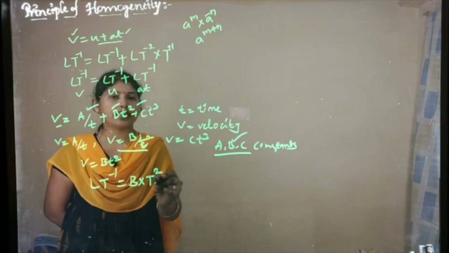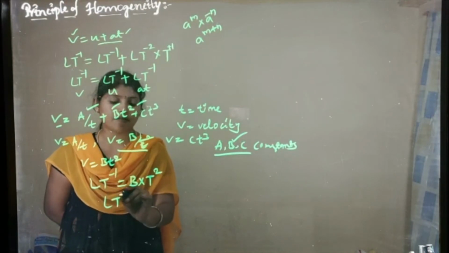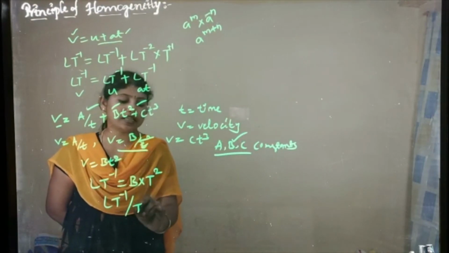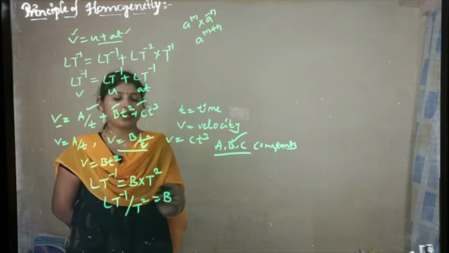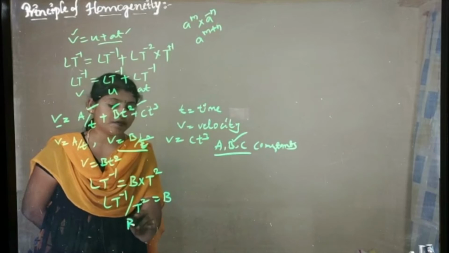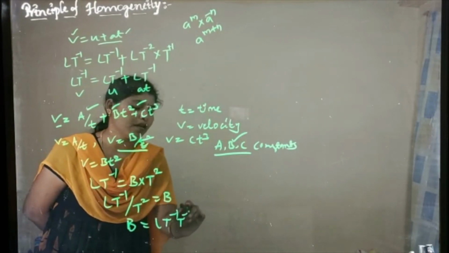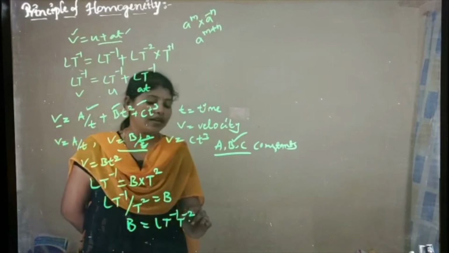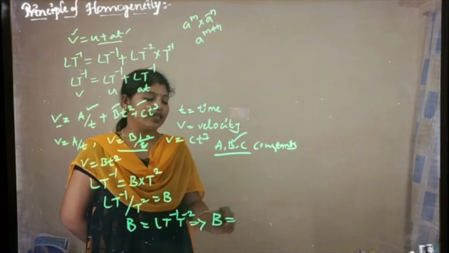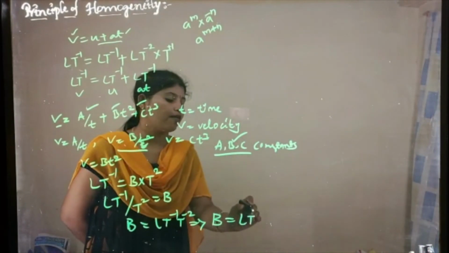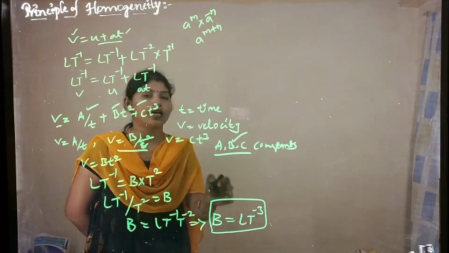Transposing t square, L T power minus 1 by t square equals B. Then B equals L T power minus 1 into T power minus 2. So finally the dimensions of the constant B are L T power minus 3. This is the dimensional formula of constant B.